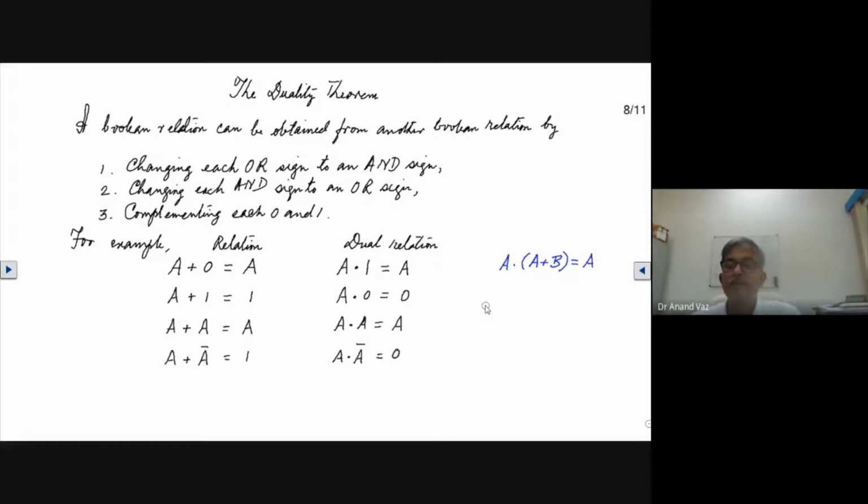And if you just apply the duality theorem to this, what do you get?